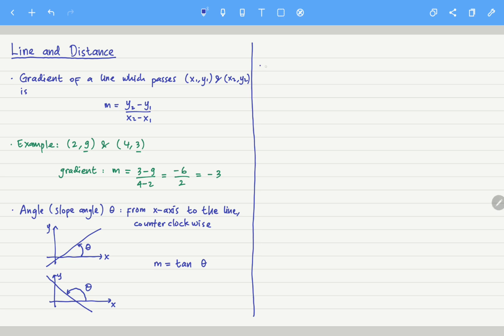Next, we have the following short theorem.